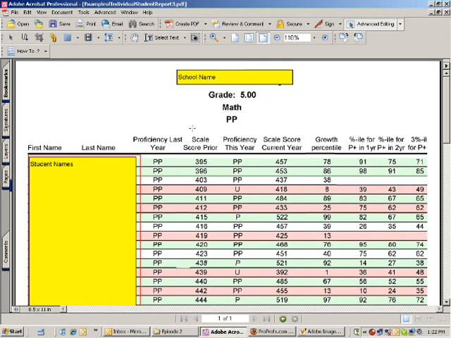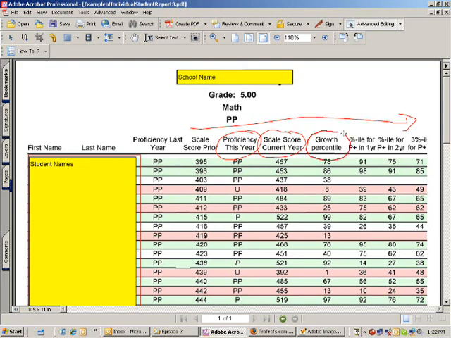Now, as you look from left to right, you see this year's proficiency level here, and this year's scale score, current year scale score, here. Next is the growth percentile.